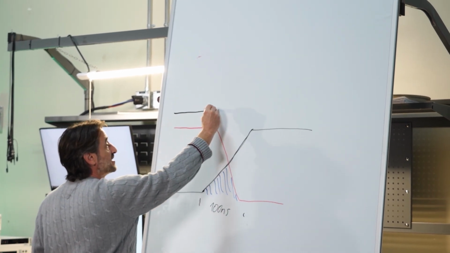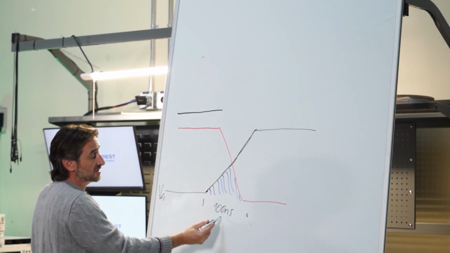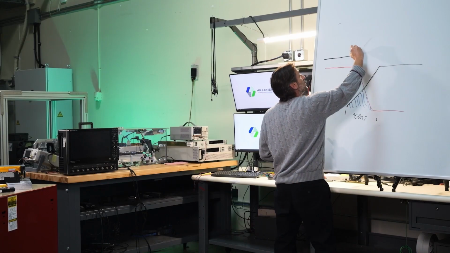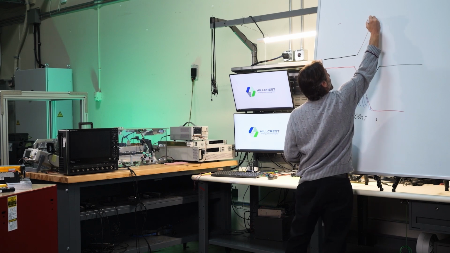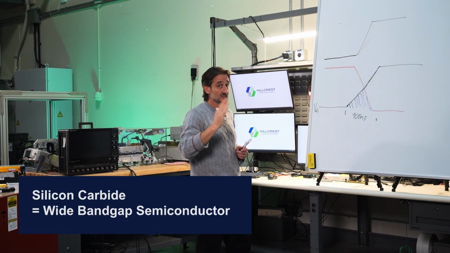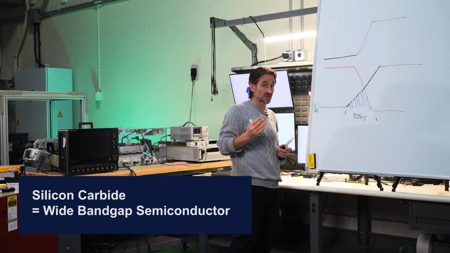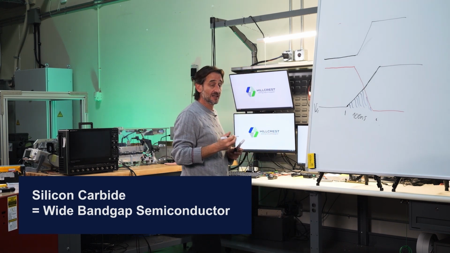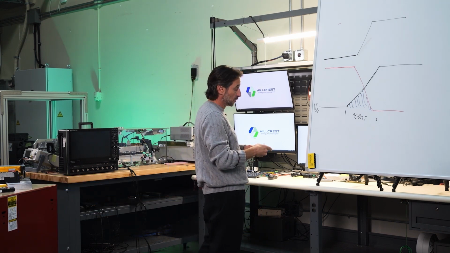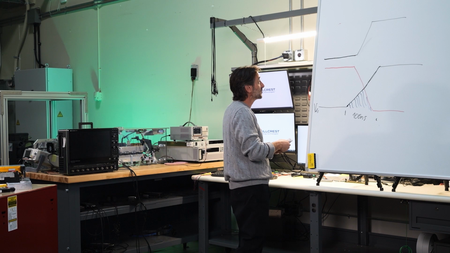So let's say that we are able to switch not at 100 nanoseconds, but at 50. The switching will be with a much higher gradient. This is something that we call dV/dt. You might hear me say that a few times, dV/dt. That's how fast the voltage is jumping.